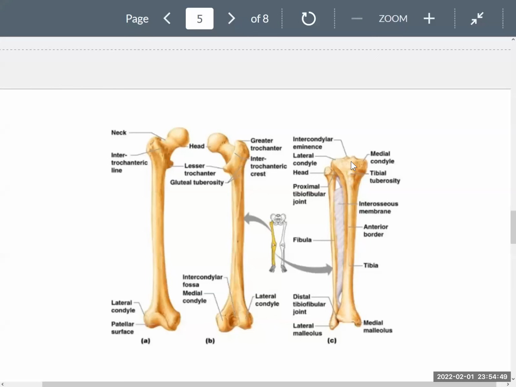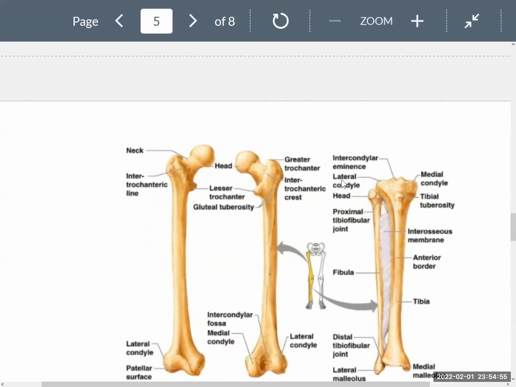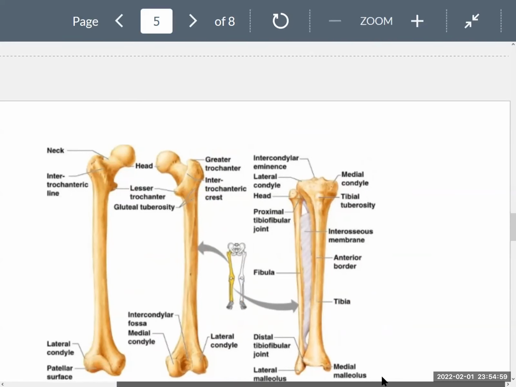At the top of the tibia, there is a double peak. It looks a little bit like Saddleback. Saddleback has two peaks, Santiago and Modjeska. Those two peaks are the intercondylar eminence. Eminence because it's pronounced.